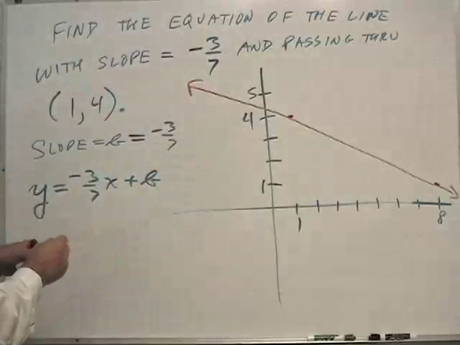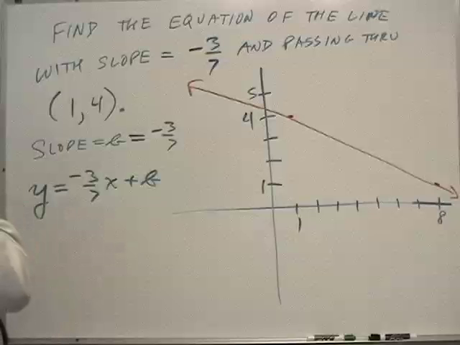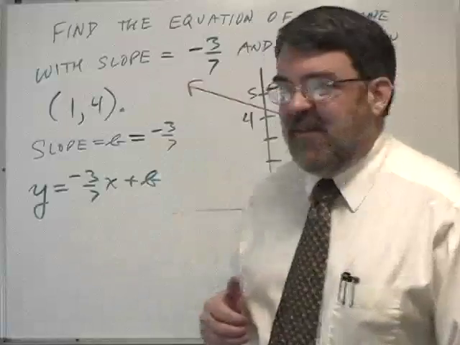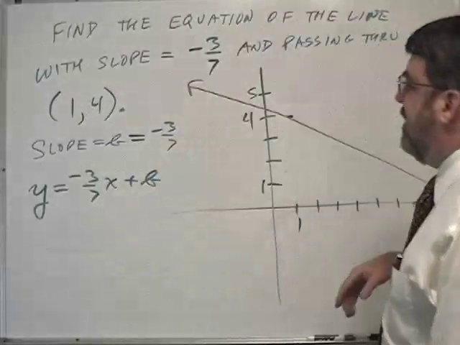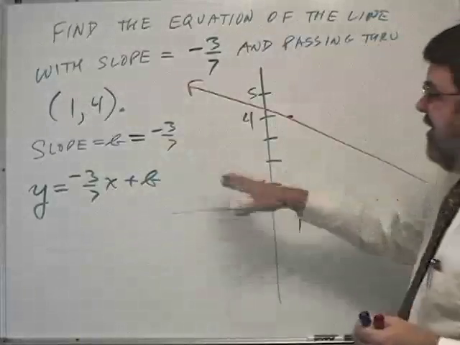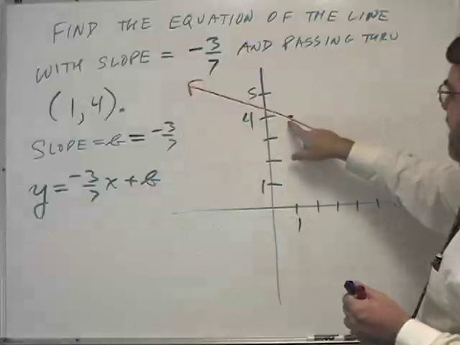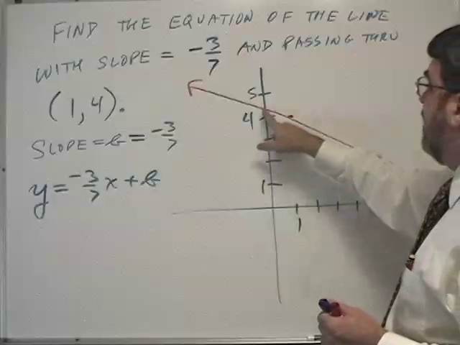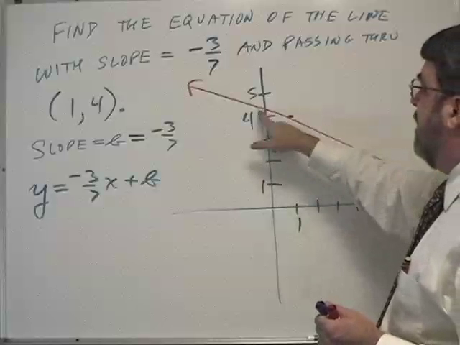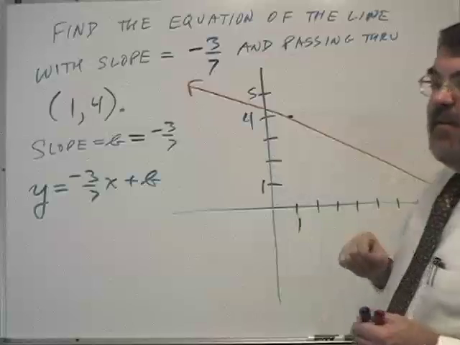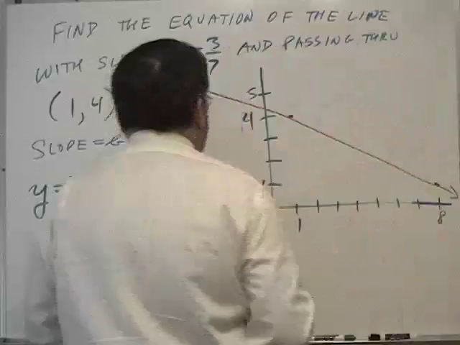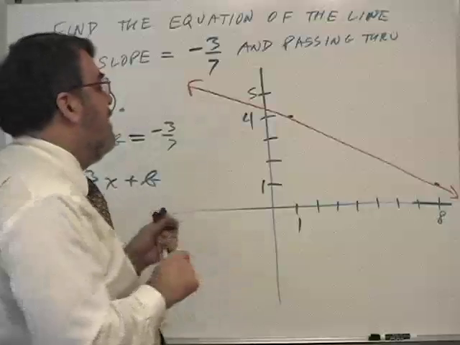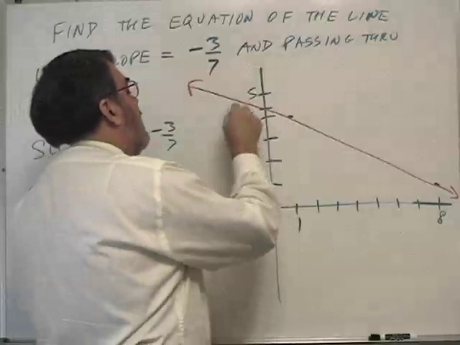Okay, now, actually the y-intercept is not so hard to find in this, because remember, the slope tells us that there's a -3 to 7 drop. And so from here, the y-intercept there is the -3/7 drop. And so actually, my y-intercept, I believe, is going to be at 4 3/7.